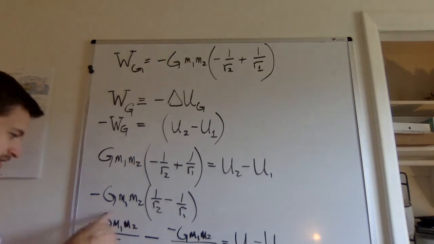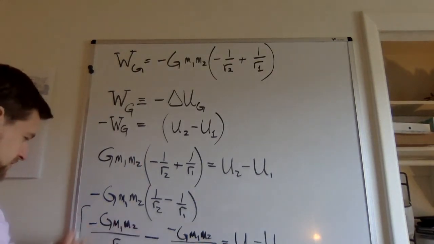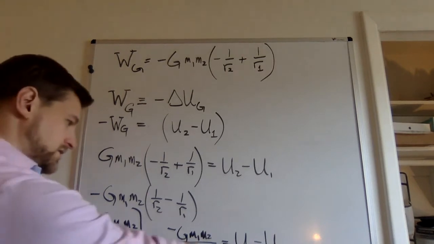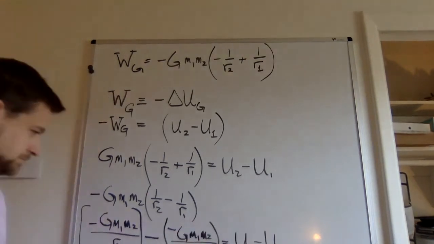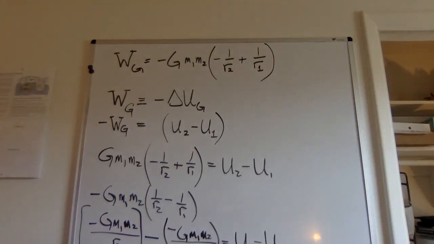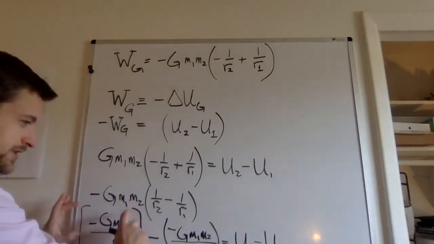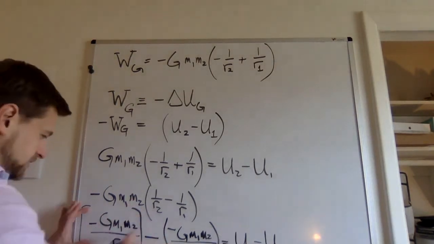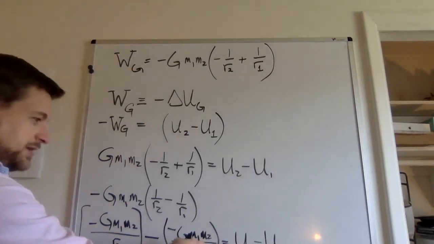So here's the thing for R2, which is U2. Here's the thing for U1. So what we're forced to conclude is that this expression, this thing in a box, is what we're evaluating at point 2. And we evaluate the same expression at point 1.